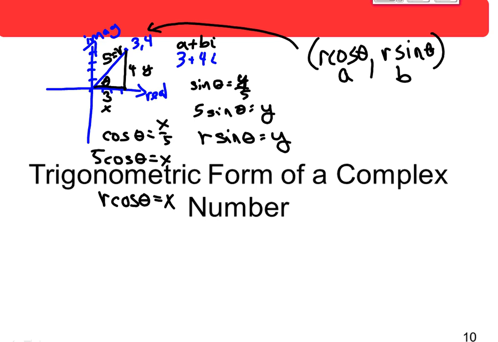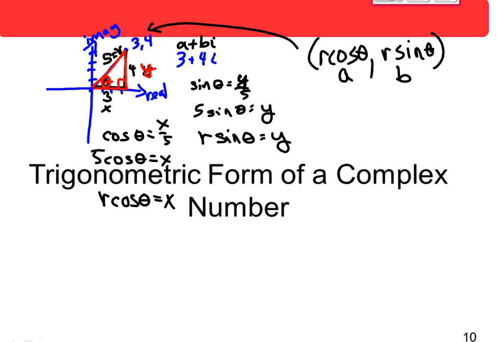Now, I intentionally picked something in the first quadrant, and if my point was in some other quadrant, this angle right here is the reference angle. So I just want to be aware of that. And also remember that the tangent of theta is y over x, and we can use that to find the angle.